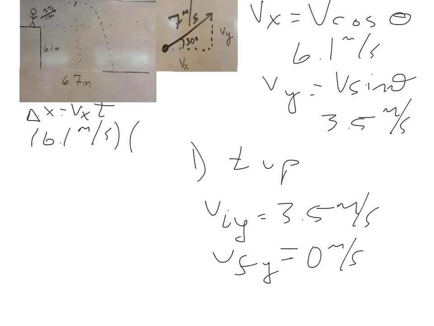My acceleration equals g, which is negative 9.8 meters per second squared. And I'm looking for t. Looking at the equations that I have, that is going to be equation number 4. I'm just going to move all this stuff out of the way.